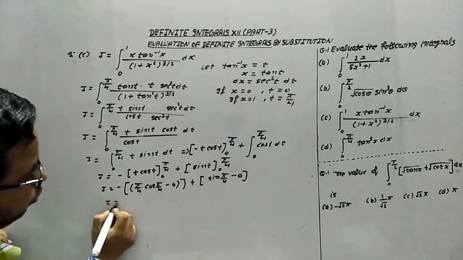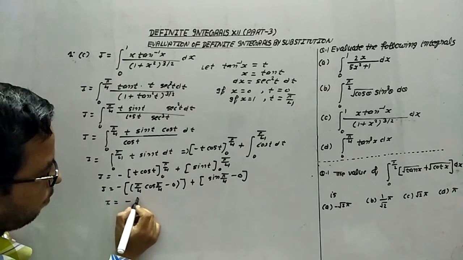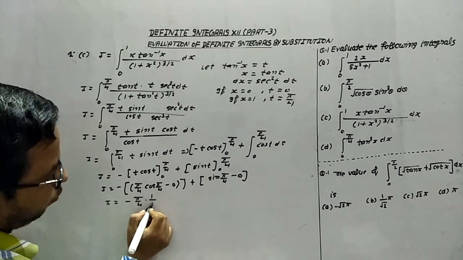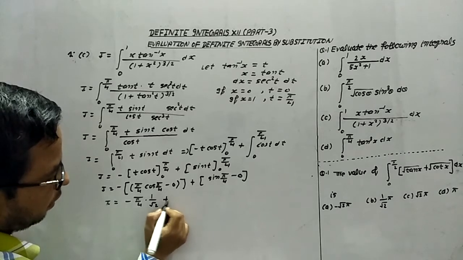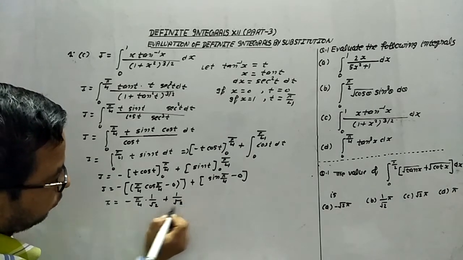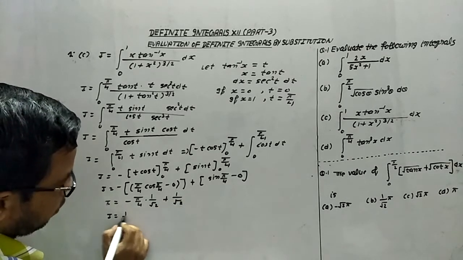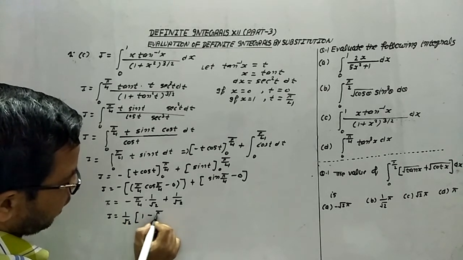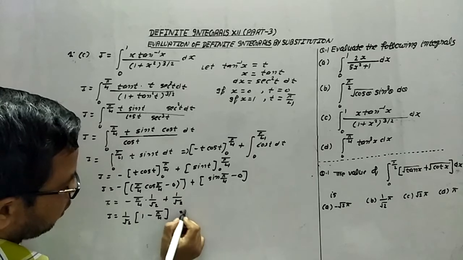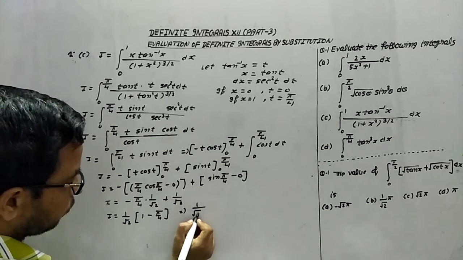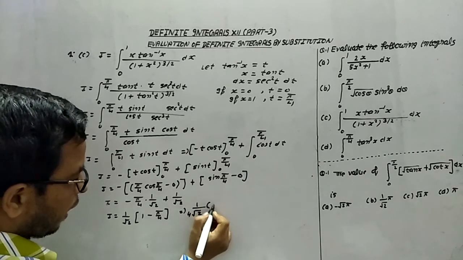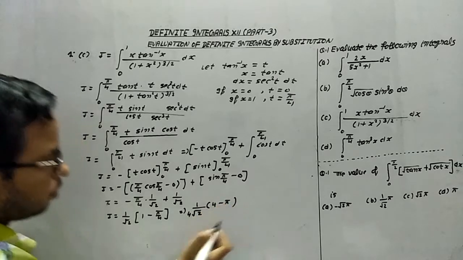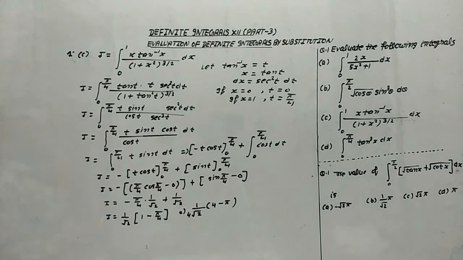It means I is equals to minus pi by 4 into 1 upon root 2, plus 1 upon root 2. 1 upon root 2 is common. It means this becomes 1 minus pi by 4. It means this is 1 upon root 2, 4 root 2, and this is 4 minus pi. This is the solution of this portion.